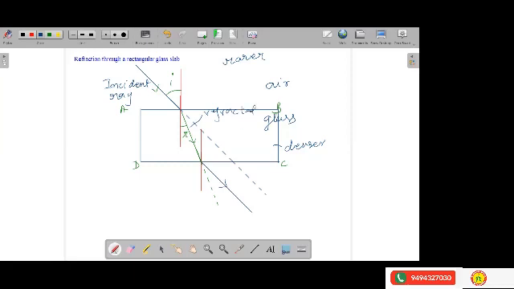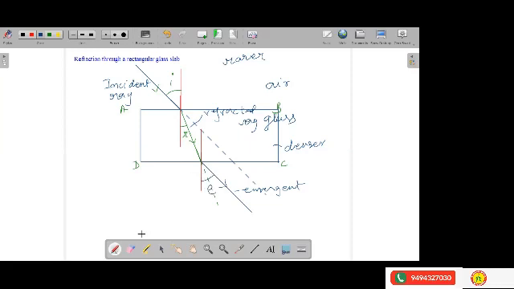And this one is the emergent ray, that means the ray of light which is coming out. So you have the emergent ray, the refracted ray, and the incident ray. Finally, you have this angle of emergence, which we call E.